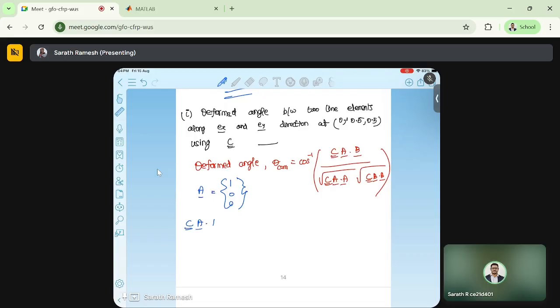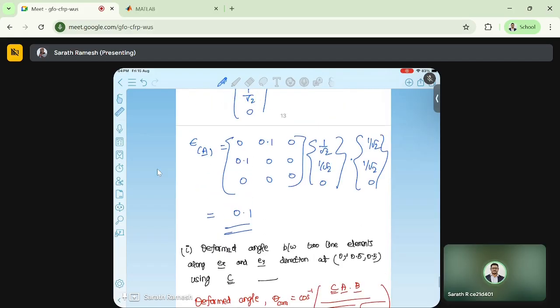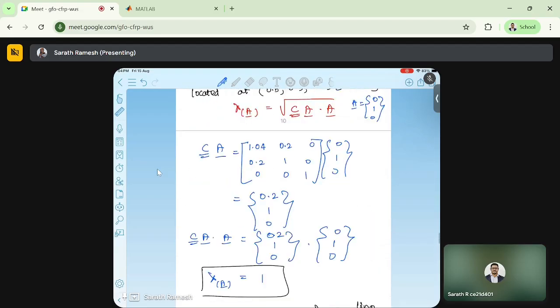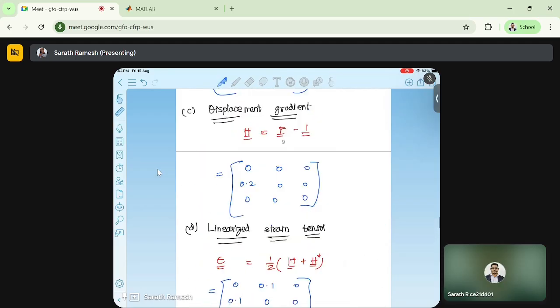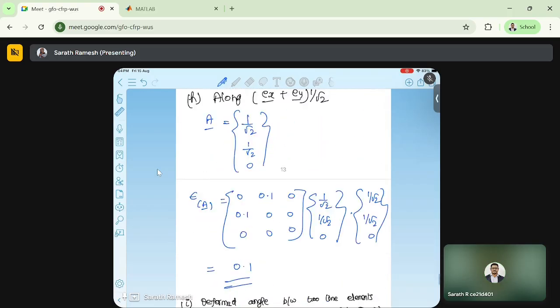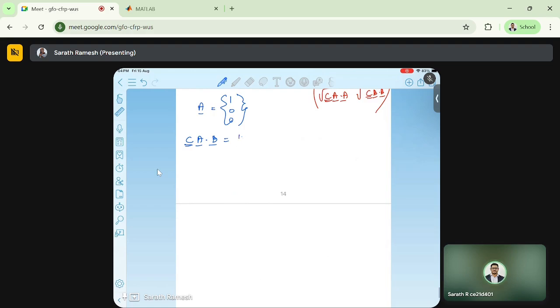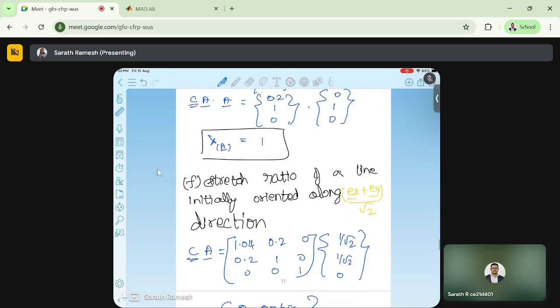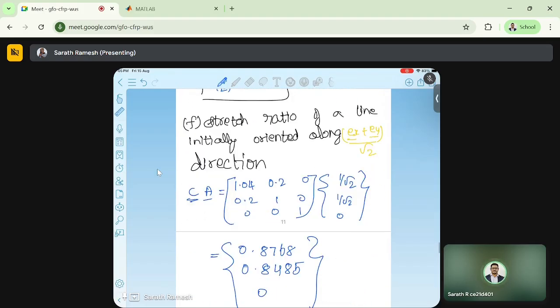CA dotted with B. C is 1.04, 0.2, 0, 0.2, 1, 0, 0, 0, 1, with YY and ZZ being 1.